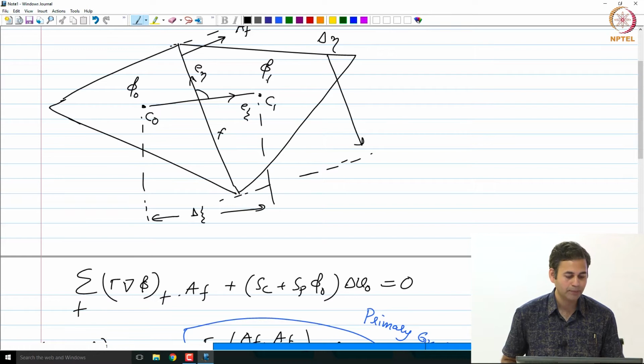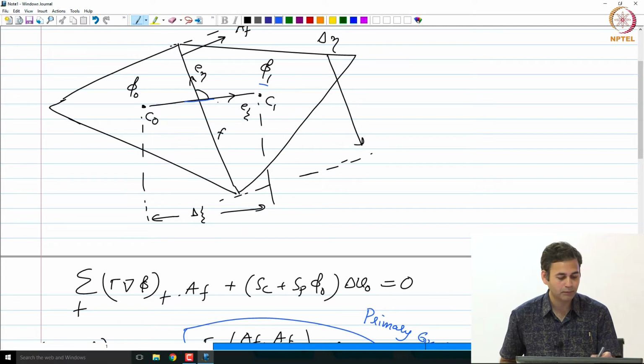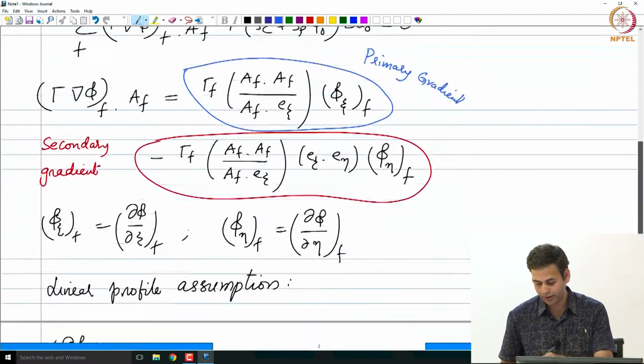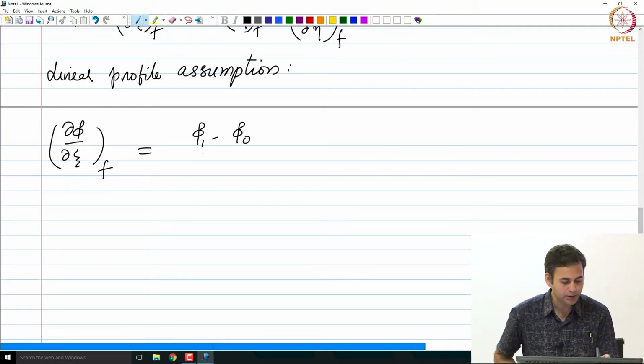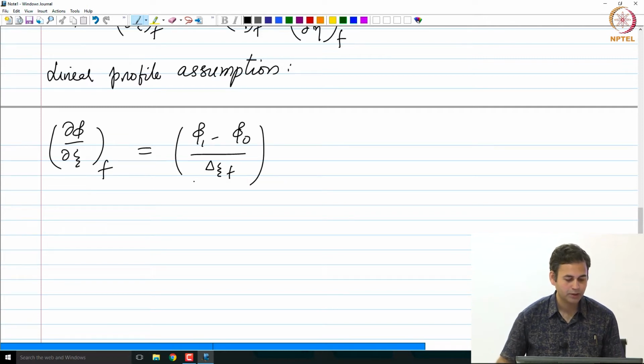Partial phi partial xi on f is in the E xi direction. How much will that be? Phi 1 minus phi 0 upon the distance, delta xi. So I can write this as phi 1 minus phi 0 upon delta xi for the face f.